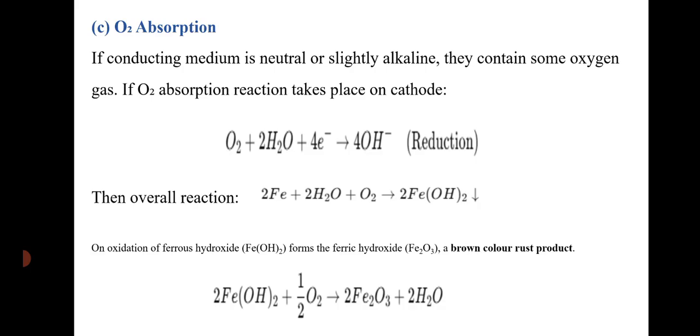Now here we focus on the oxygen absorption reaction. When corrosion occurs in a neutral or alkaline medium, such as neutral water, moist soil, or moist air, the cathodic reaction is called the oxygen absorption reaction, and in this case the dissolved oxygen present in the aqueous medium plays the major role.